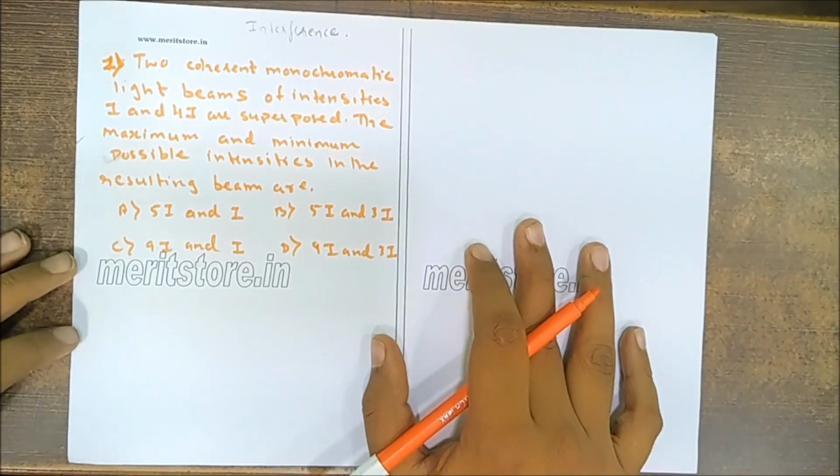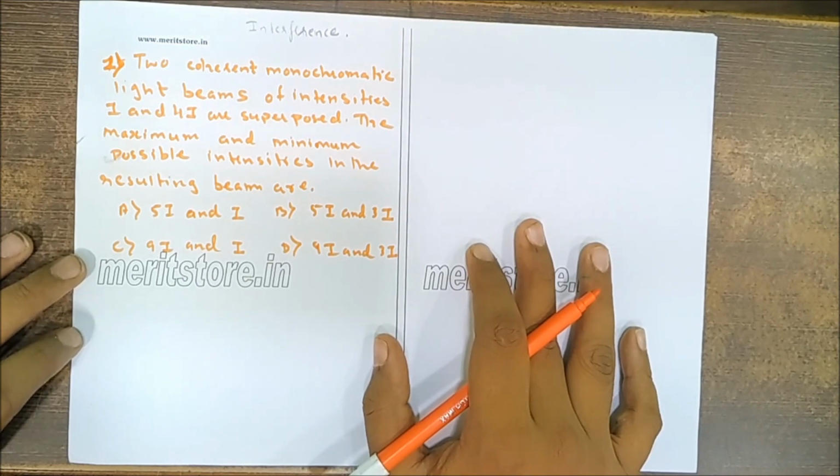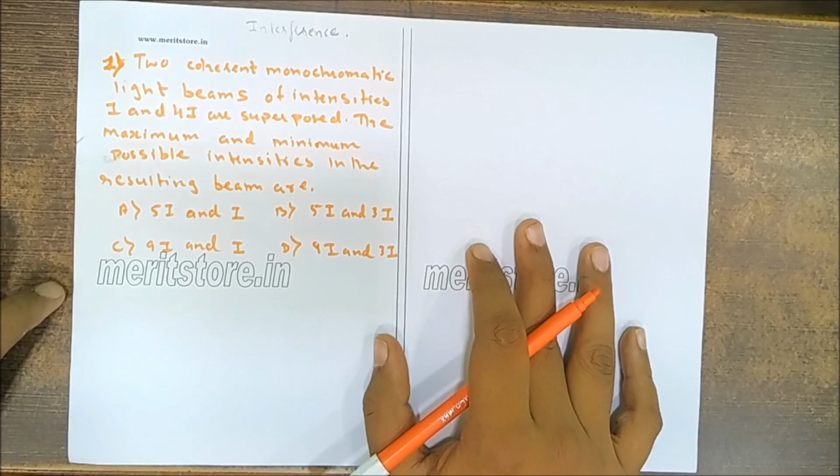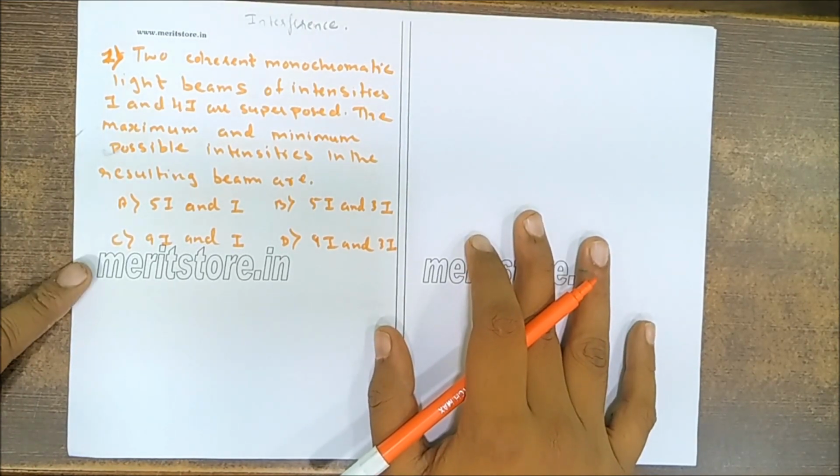Next chapter, interference and diffraction. Now, two coherent monochromatic light beams of intensities I and 4I are superposed. The maximum and minimum possible intensities in the resulting beam are. Now, this is one of the most famous questions that have come in multiple competitive examinations.